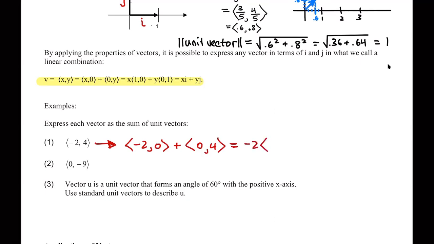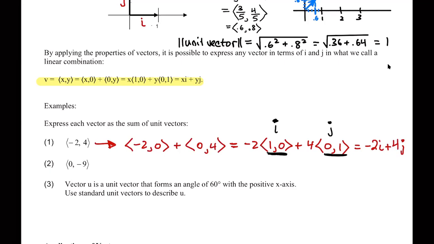If I factor that out, I have a 1, 0. The 0, 4 has a scalar multiplier of 4. If I factor that out, I have a 0, 1. We define the 1, 0 as i and the 0, 1 as j. So this just becomes simply -2i plus 4j.